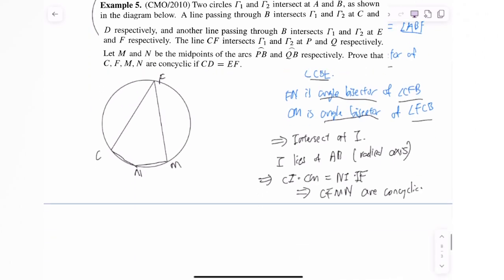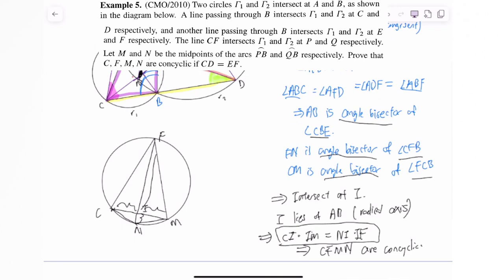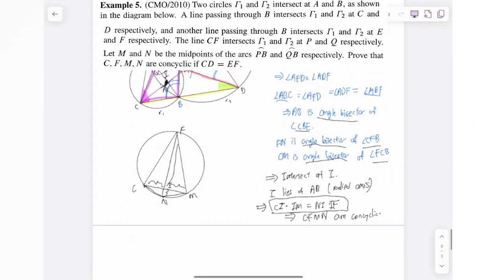Oh, sorry, wait, I just realized I wrote something wrong here. It's times IM. So basically, why does this statement prove that C, F, M, N are concyclic? Because CI times IM equals NI times IF. That's why it proves that it's concyclic, and we're done. So that's it.